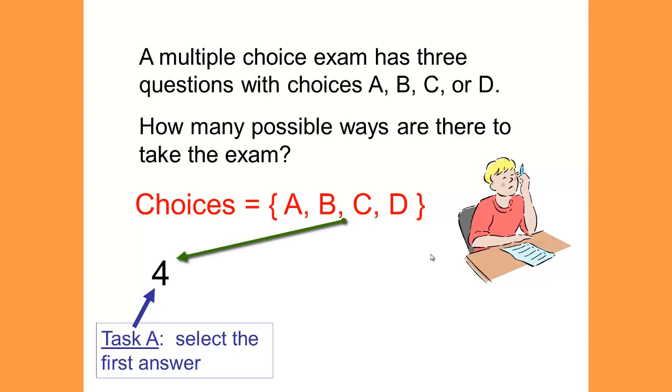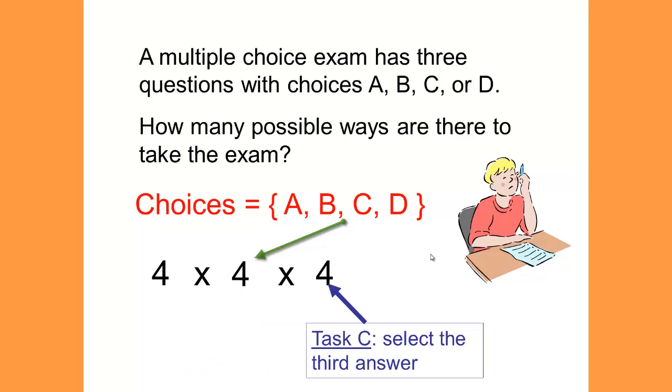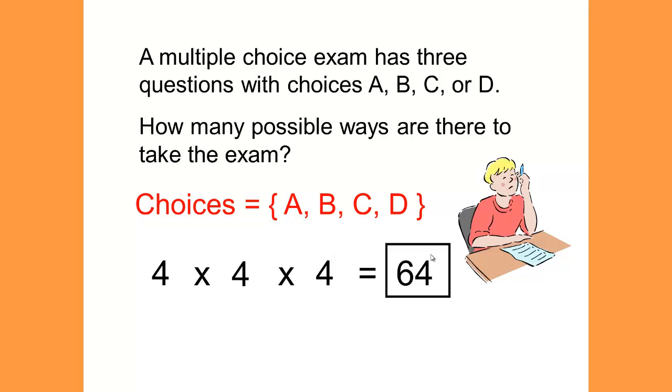There are 4 possible ways to do that. Task B is to select the second answer. There are still 4 ways to do that. We are still selecting from that same group. And for task C, we're selecting a third answer from that same group, and 4 times 4 times 4 will give us 64.